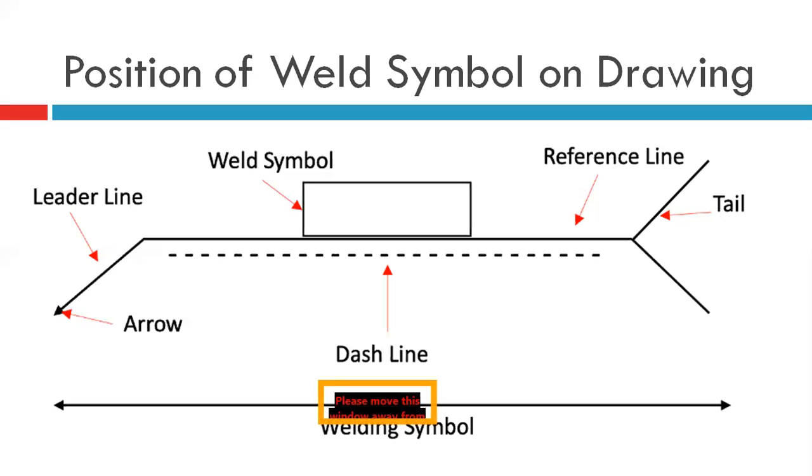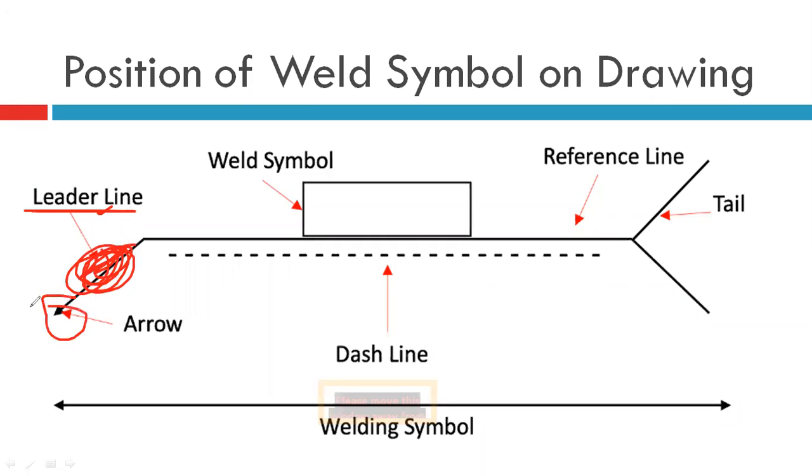So we will see the position of a weld symbol on a drawing. It is very important, right? See how we show the symbols. This line we call the leader line. Whatever line we are showing here is nothing but the leader line, and this is your arrow.